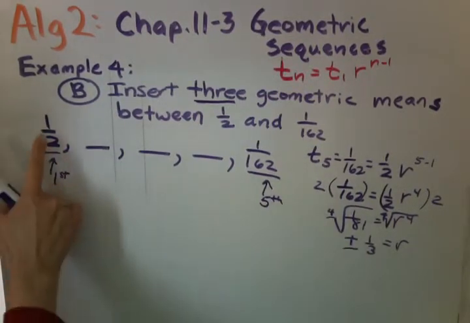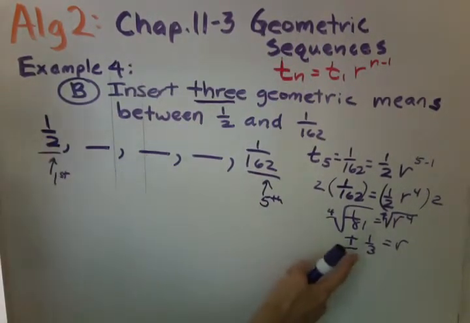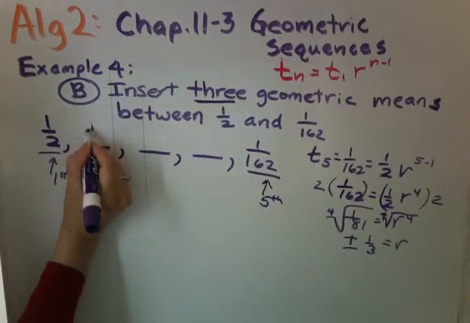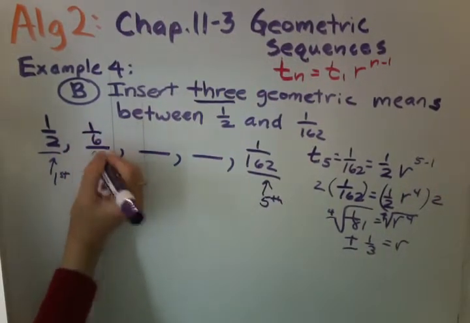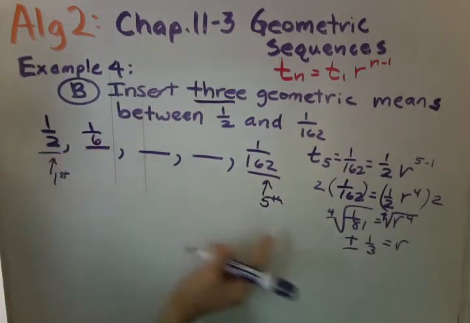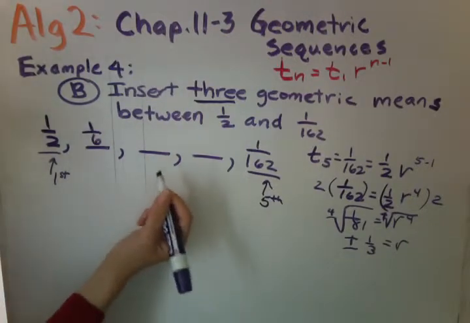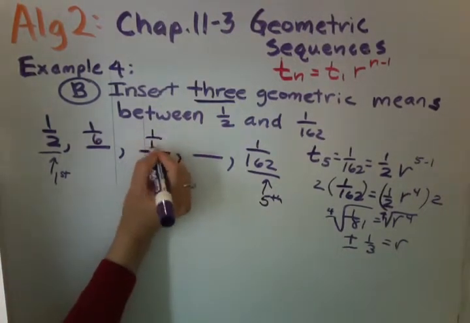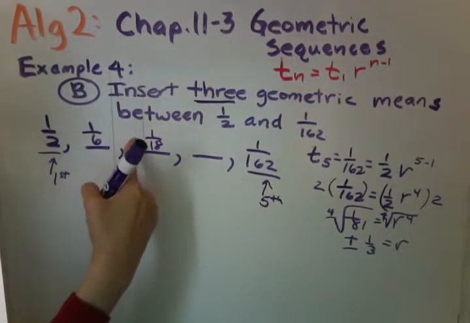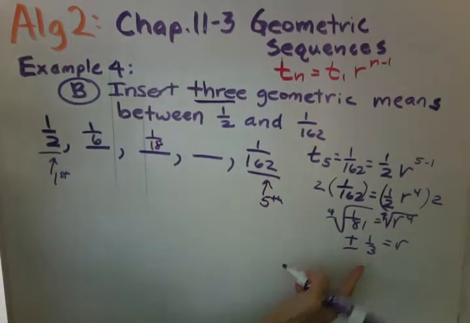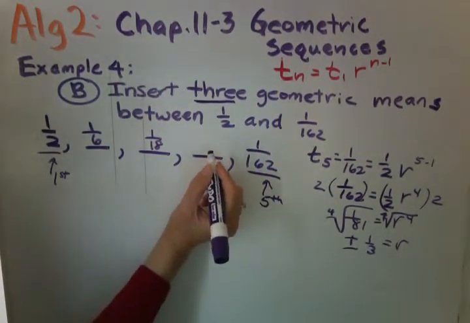So we'll have 2 series of numbers. Positive 1/2 times positive 3, we get 3/2. 3/2 times positive 3, we get 9/2. Positive 9/2 times positive 3 is 27/2.